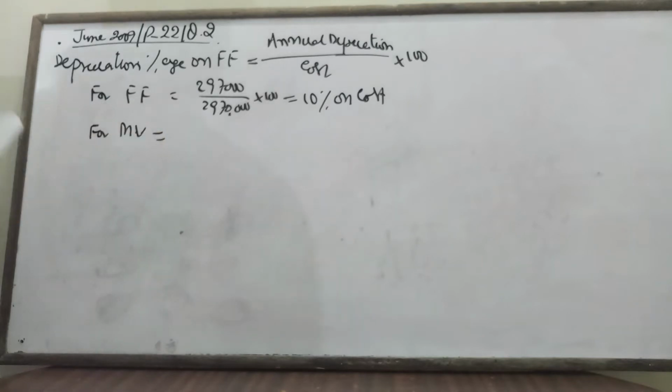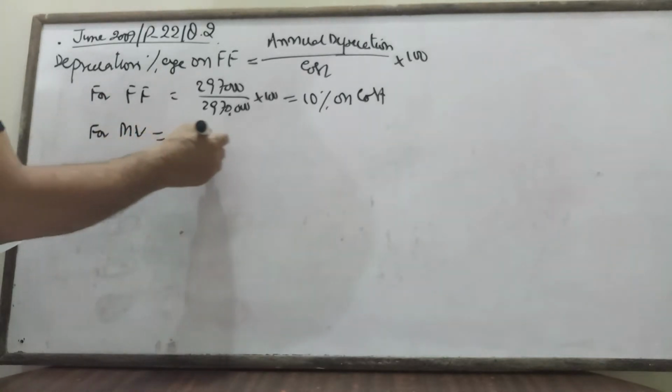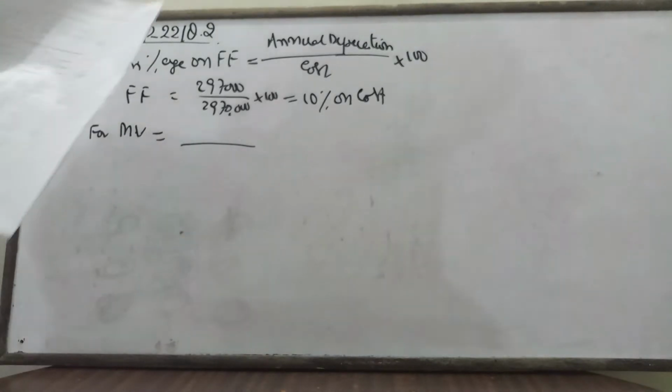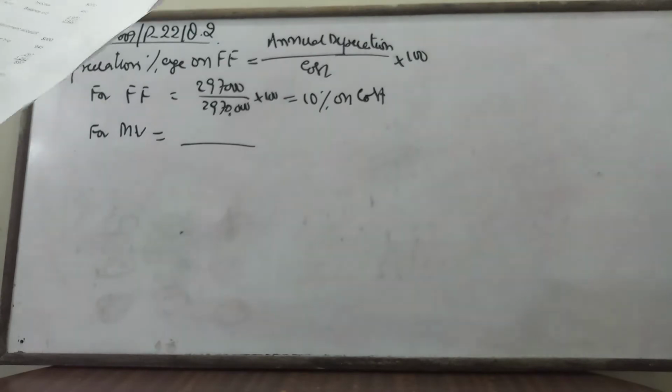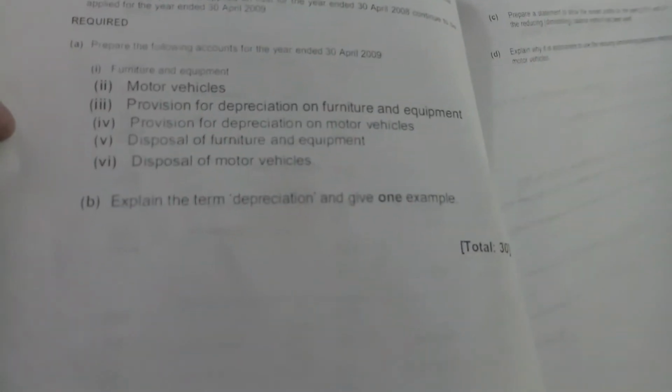Similarly, for the depreciation rate for motor vehicles, we apply the same formula. The question paper says the rate of depreciation applied in 2008 continues in 2009. It is given in the last paragraph before the requirement. If you cannot see it clearly, you must have this paper with you. This is question number 1, June 2009.